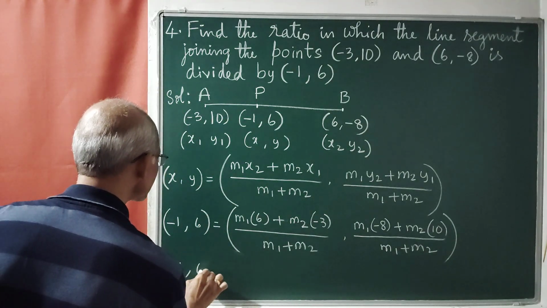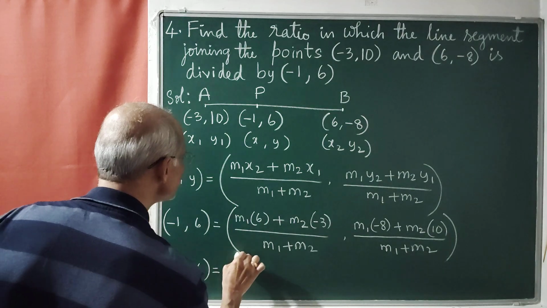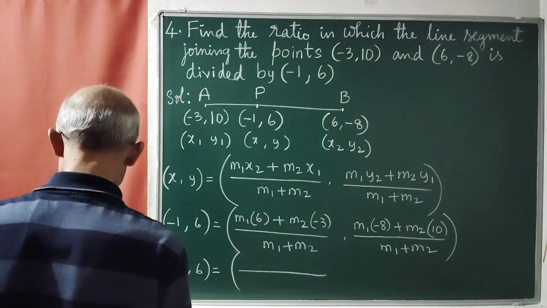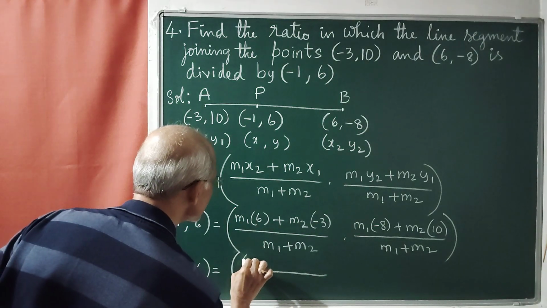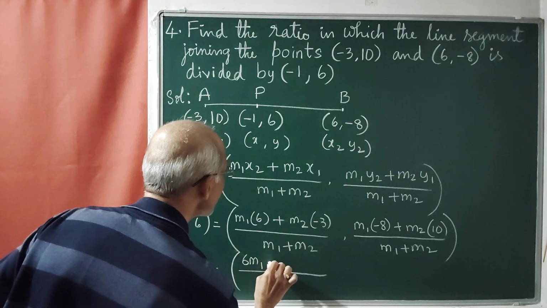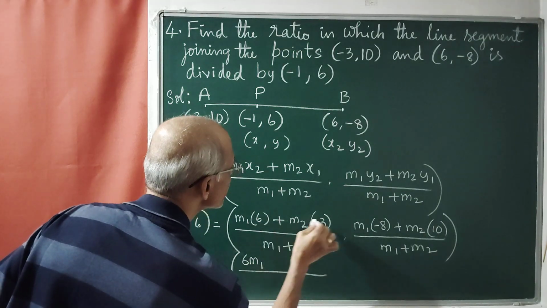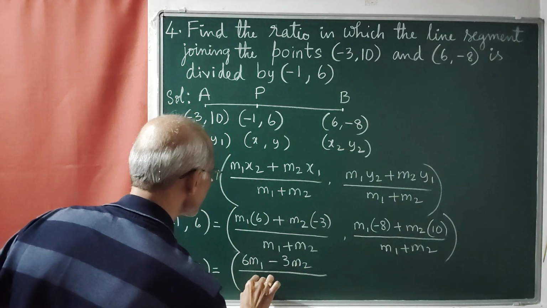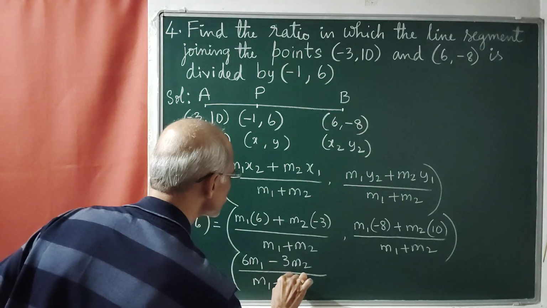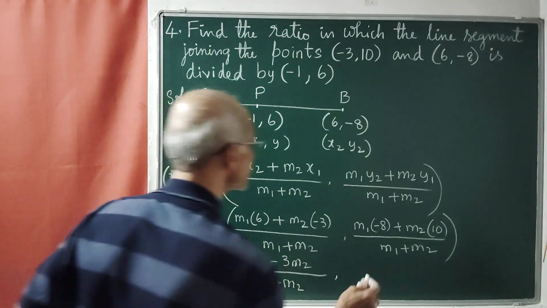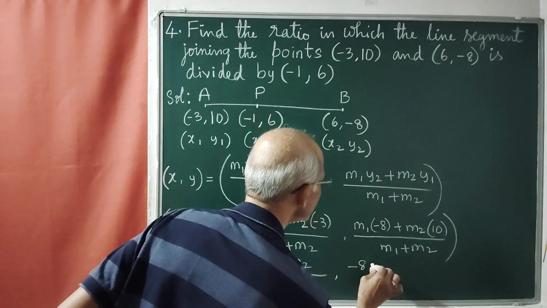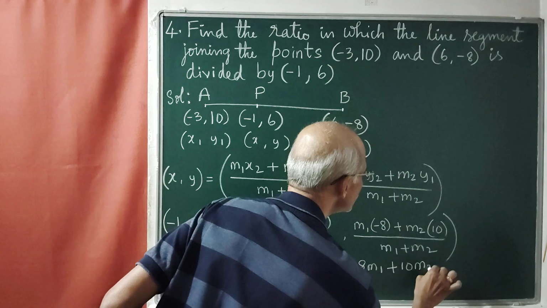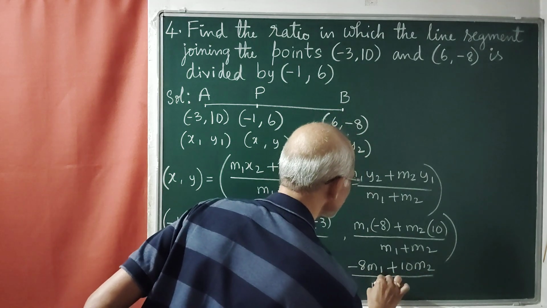So minus 1, 6 will be equal to it will become 6m1 minus 3m2 by m1 plus m2. You will get minus 8m1 plus 10m2 by m1 plus m2.